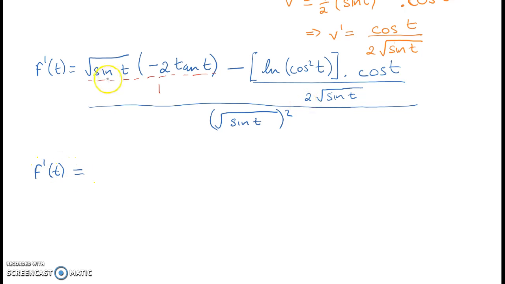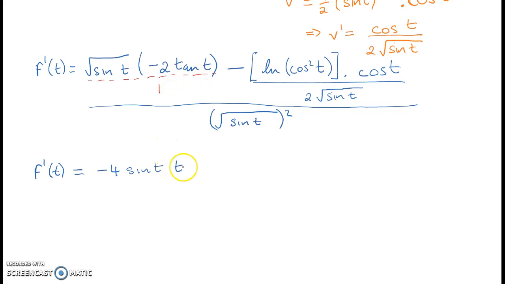Now if we multiply the numerator here, root sine t times minus 2 tan t by 2 root sine t, that's a mouthful, we're going to get 2 times negative 2 is negative 4. Root sine t by root sine t is going to be sine t. And then we have the tan t.